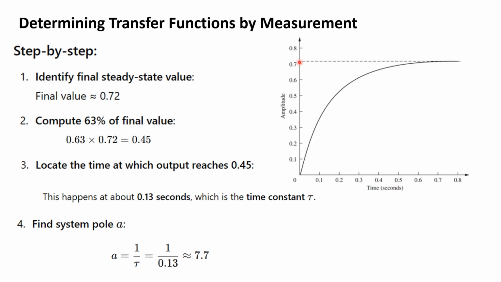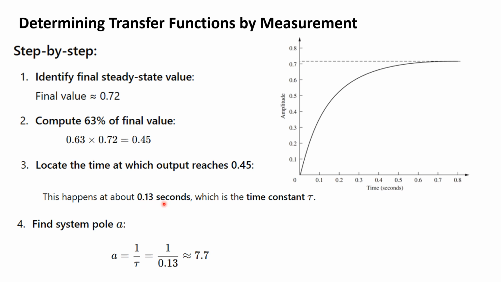We can compute 63% of that value. That's 0.45. And then we need to find what time it takes to reach 0.45. So if we come up along here, then drop down, we can get about 0.13 seconds. And again, this graph would be better if it was more partitioned, but let's say it's 0.13 seconds.